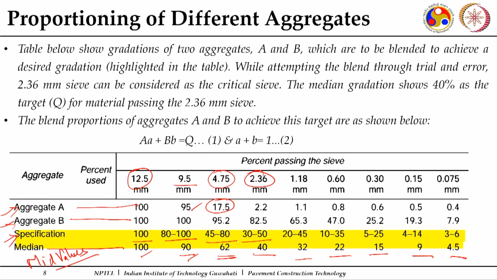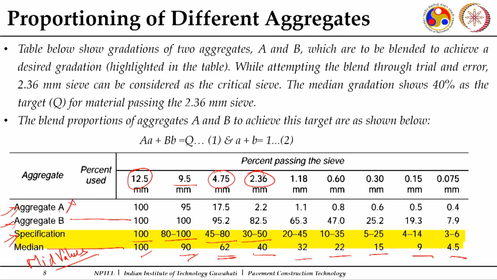I need to add another material which is finer, because here I need a percentage of at least 62% passing and I have only 17.5% passing. Can I do it the other way around, going only with aggregate B and not using aggregate A?